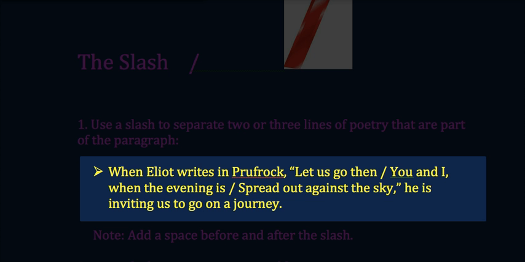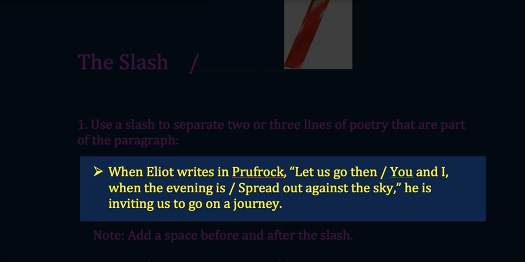When Eliot writes in Prufrock, "Let us go then, you and I, / when the evening is spread out against the sky," he is inviting us to go on a journey. Okay, those are three lines of poetry that you are embedding into your own paragraph.